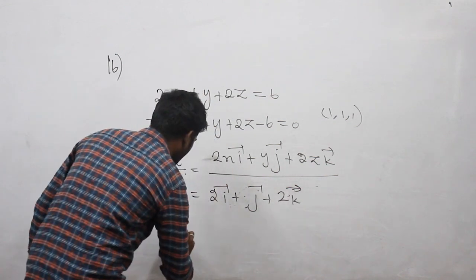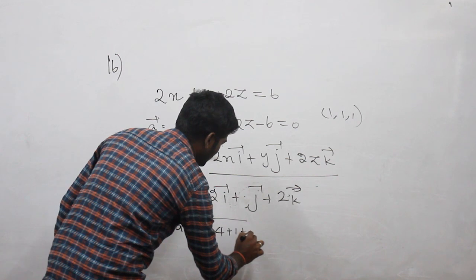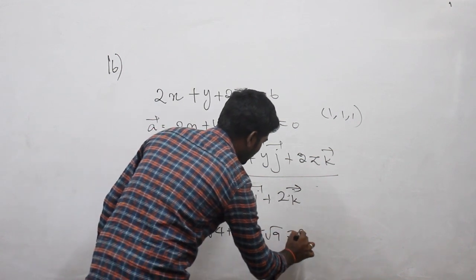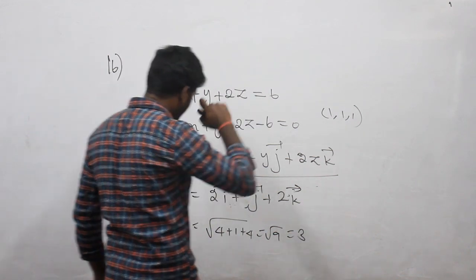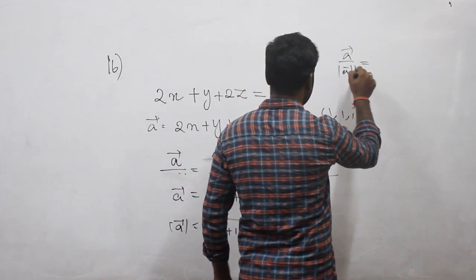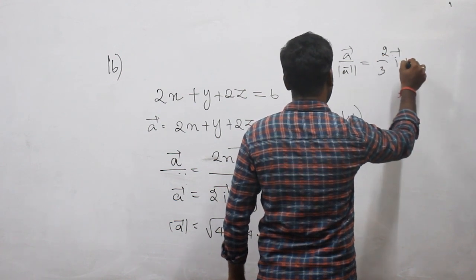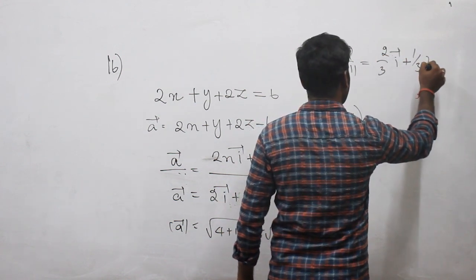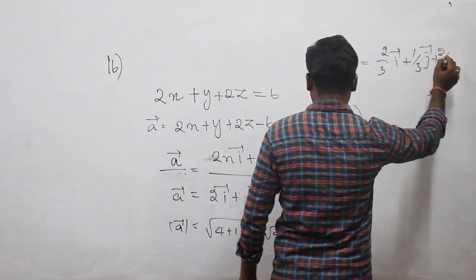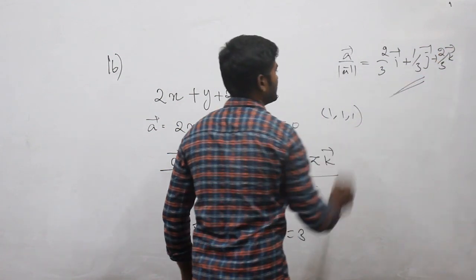If you take the modulus, what comes? 4 plus 1 plus 4, so root 9 equals 3. So if you divide both, the answer, unit normal vector, equals 2 by 3 i vector plus 1 by 3 j vector plus 2 by 3 k vector. So this is the right option.